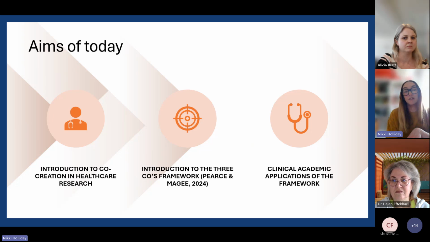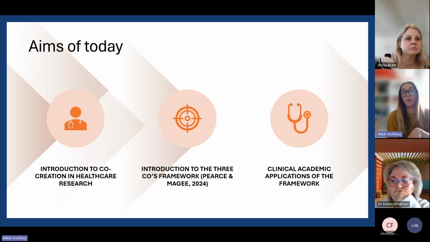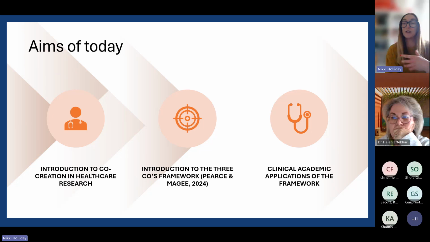So today I'm going to give you an introduction to co-creation in healthcare research, and then Gemma will talk you through the 3 Co's framework, which is a way of using co-creation in research and practice, and then Helen and Lucy will discuss some clinical academic applications of the framework.